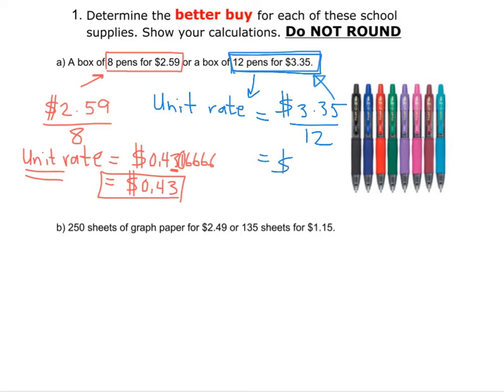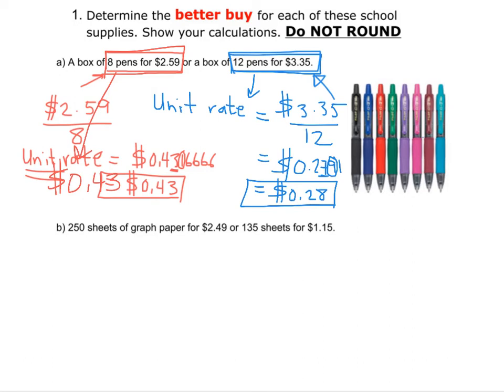So in this particular case, I'm going to get 0.2791, and that number goes on for quite a while. However, I'm going to round this to 2 decimal places, which is 0.2, and I should round this 7 up because the next number is a 9, so $0.28, which is otherwise known as 28 cents.